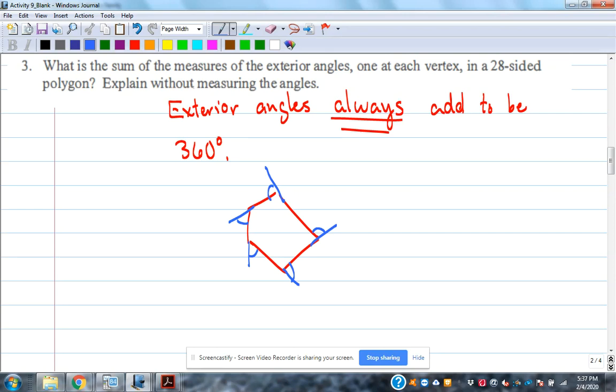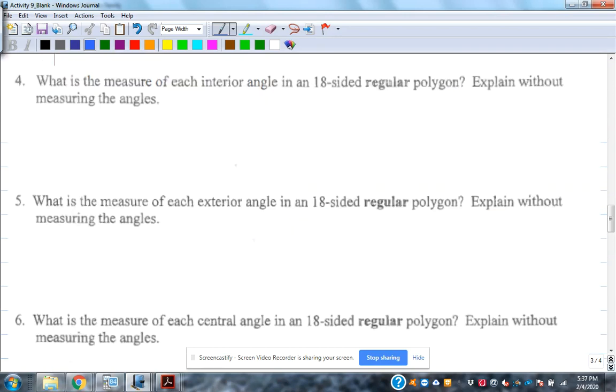All right. Number 4. What is the measure of each interior angle of an 18-sided regular polygon? So again, regular means what about the sides? All the same length, right? That's what regular means. So we need to find out first what's the sum of all those angles.